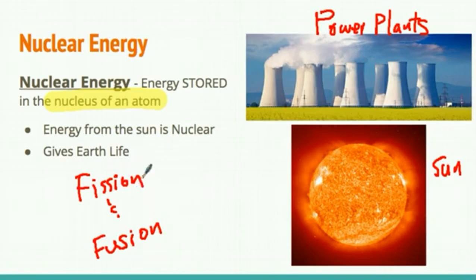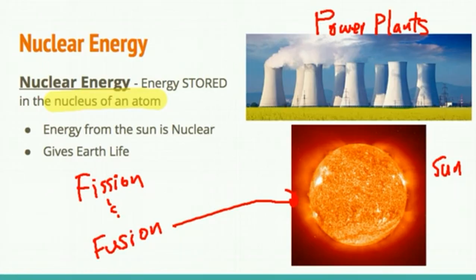It's when an atom splits, and again, we can create a lot of energy from this. It's just really dangerous energy sometimes because we all know about nuclear power plants and so on. But basically, the sun is a nuclear power plant. With the sun, fusion is taking place. So we can get nuclear energy this way.